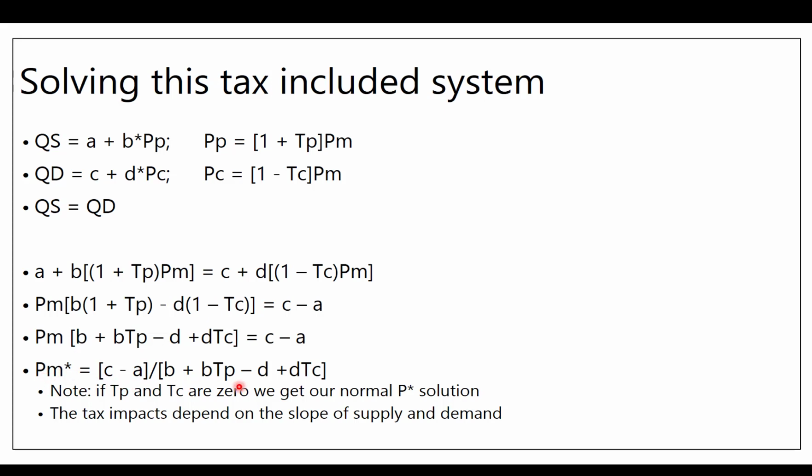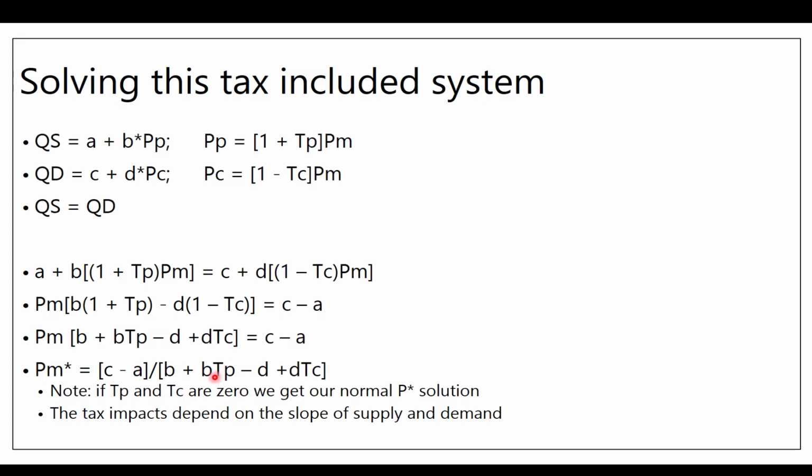So we just note down here that you end up with this market price that depends on the intercepts of our supply and demand equation in the numerator, and then every term down here has the slope of either the supply equation or the demand equation. So it's still the case that the rates of adjustment in supply and demand live in the denominator, and in the numerator it's the gap between the two, the sort of excess supply and demand, or the intercepts.